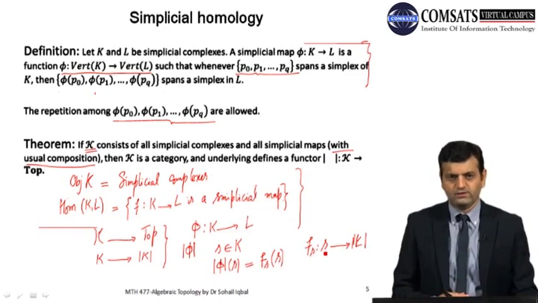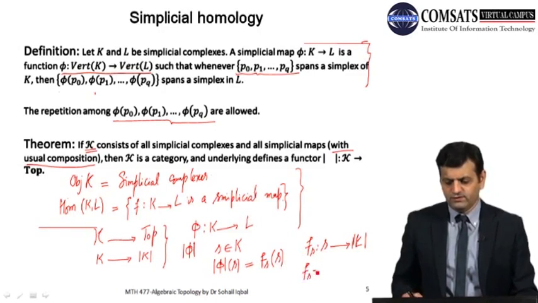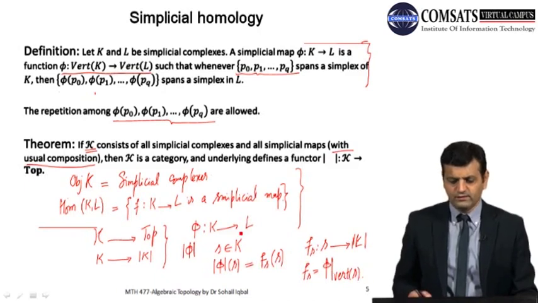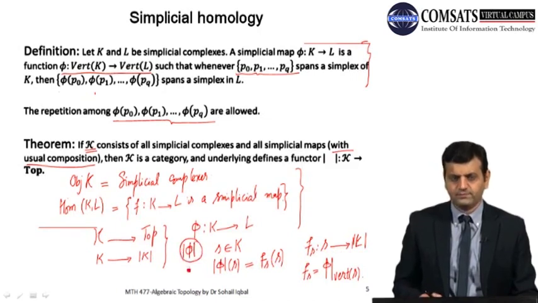So take any simplex and take its image under this Fs, where Fs is nothing but the restriction of phi to the vertices of S. Phi is a simplicial map between K and L, so we can restrict phi to the vertices of S. When we restrict that, we get a map from S to the underlying space of L. That is the image of S under this map phi mod.